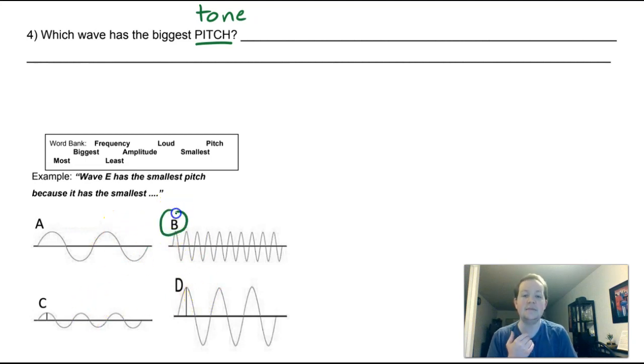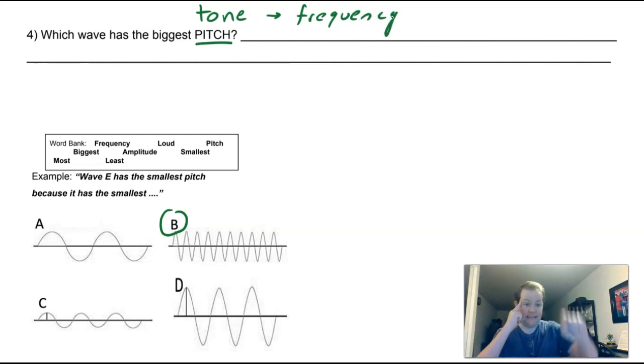The answer is B, because pitch and tone, that's about the frequency. Do you remember frequency? High frequency, low frequency. Look at B. B's going high frequency. So it has a big pitch.